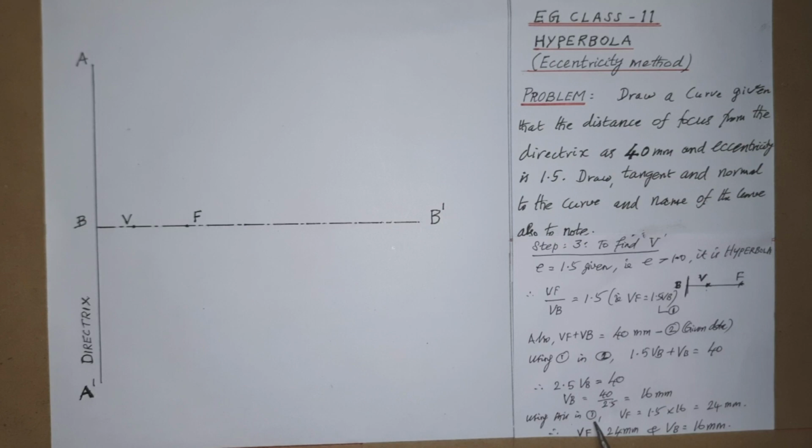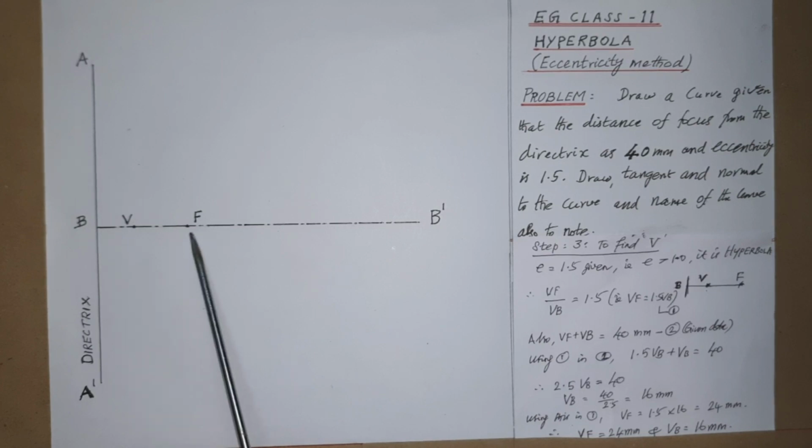Now using this in equation 1, VB we know now, that is 16 into 1.5 equal to 24 millimeter. Therefore VF is 24 millimeter and VB equal to 16 millimeter.